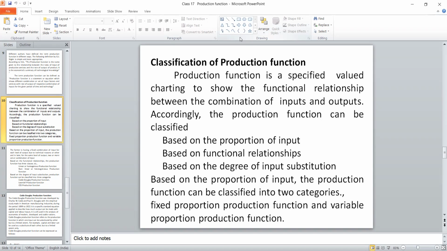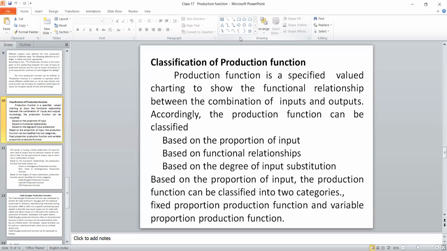Based on that, we can classify the production function. The second one is the functional relation, how input and output are related, whether it is labor intensive or capital intensive. The third one is the degree of input substitution. Instead of labor, we can employ machine. Instead of machine, we can make a handcraft. So based on the degree of input substitution, we can classify the production function.